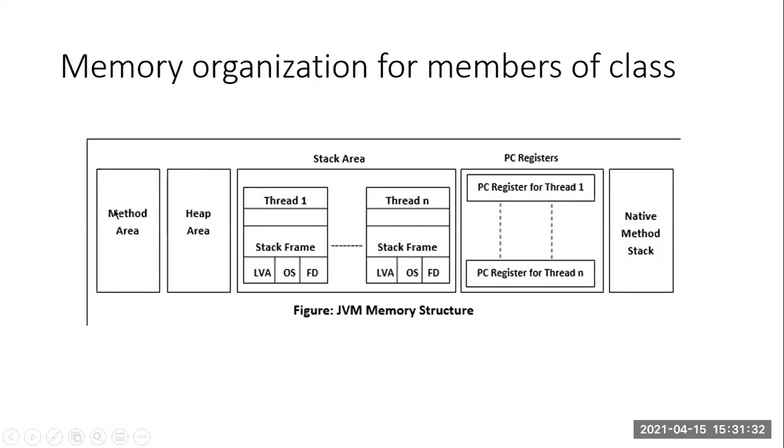Inside the method area, you have the class, instance variables, the methods, all the things available in your class will be inside the method area. So the JVM creates a heap area based on the objects.